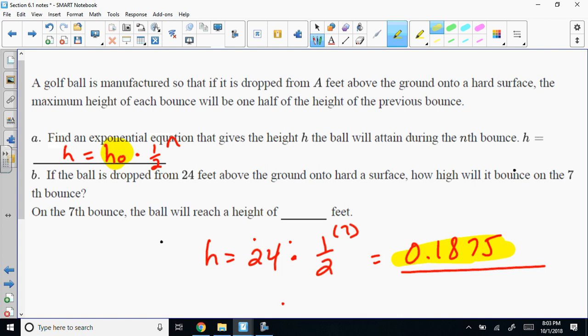That's 3/16 of a foot, right? We were saying 3/16 of an inch. Yeah, we were mixing up units. But 0.1875 is 3/16.